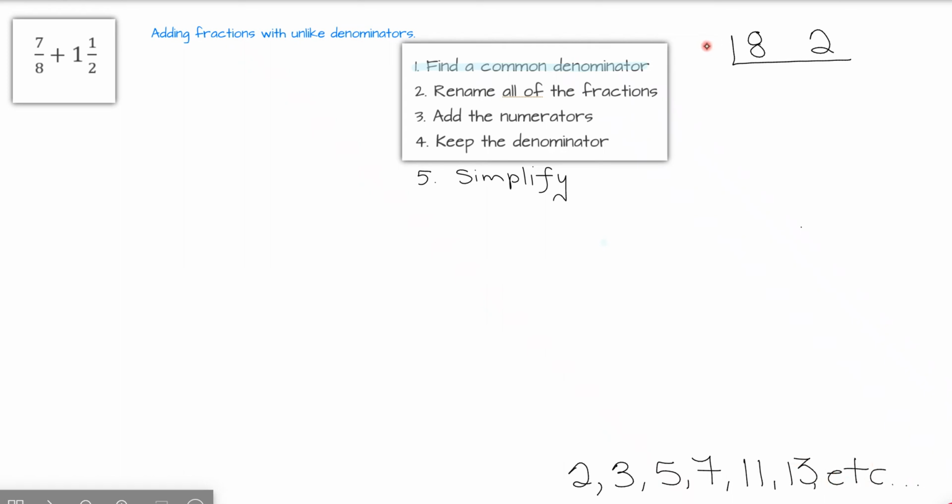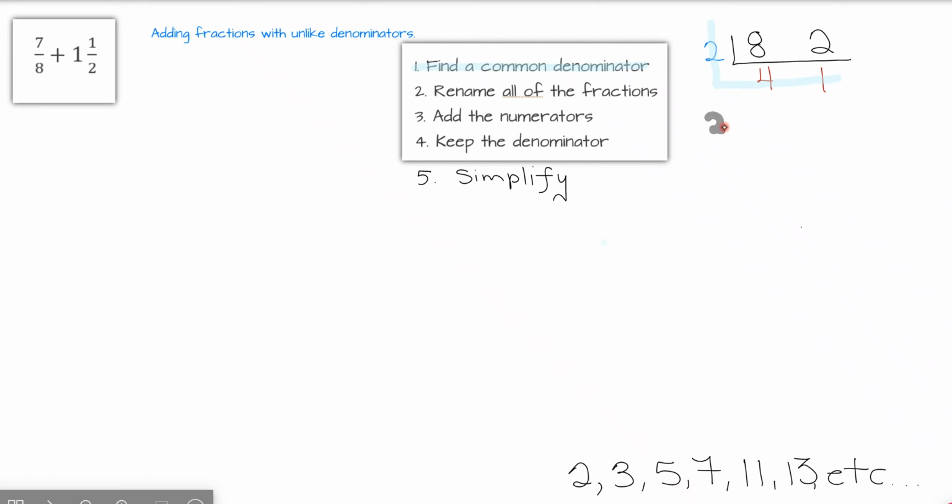I know that 2 goes into 8 and 2. And then what I'm going to do is divide that 2 into the 8 and put the 4 right below. Divide the 2 into the 2, put the 1 right below. And your LCD is the three numbers on the outside multiplied together.